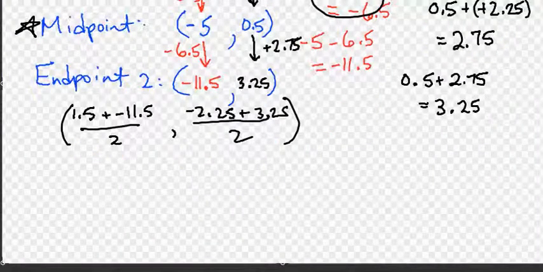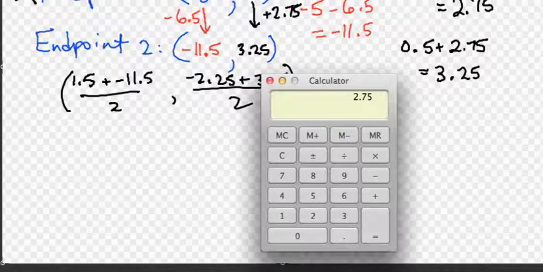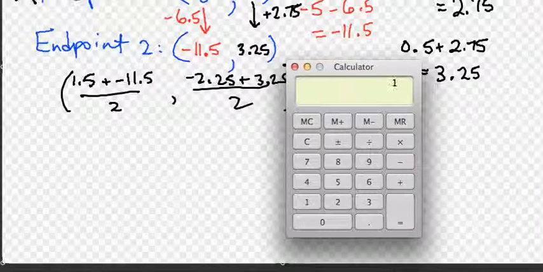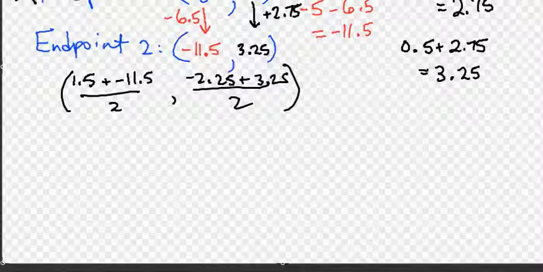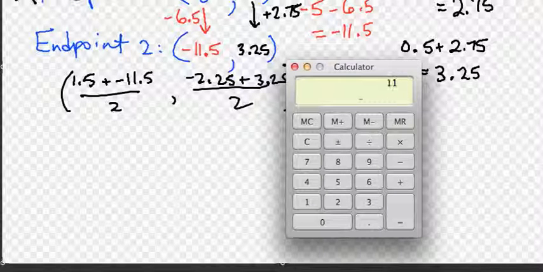And I want to see a lot of people doing this on the quiz when we have it. So 1.5 plus or minus, since we're adding a negative, 11.5. Okay, -10. Divide that by 2, and we get -5.